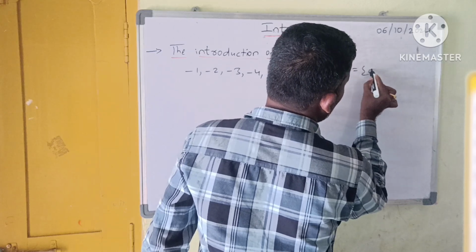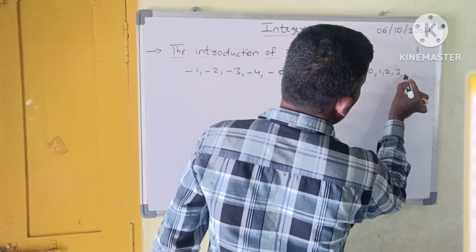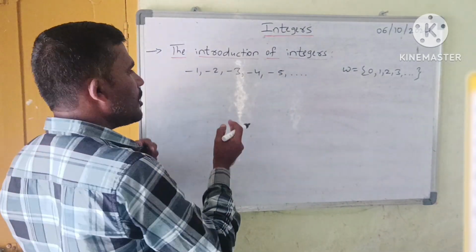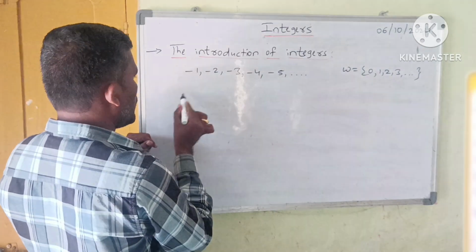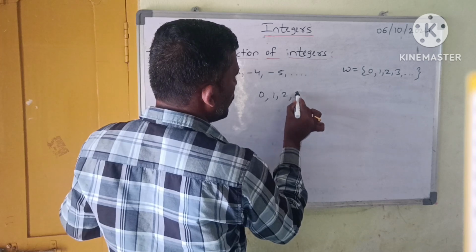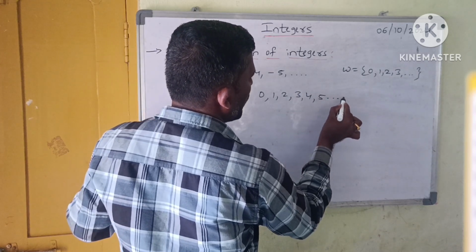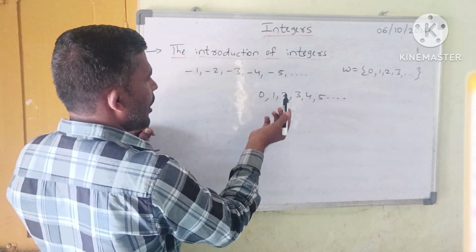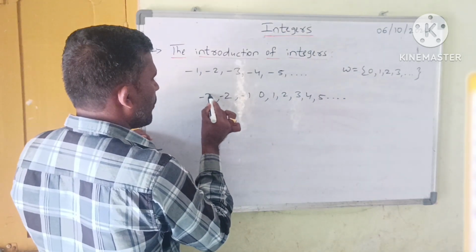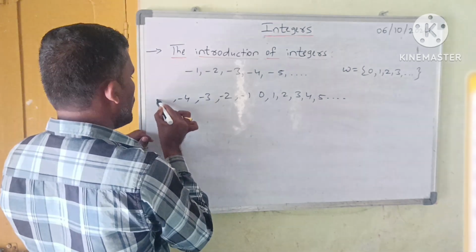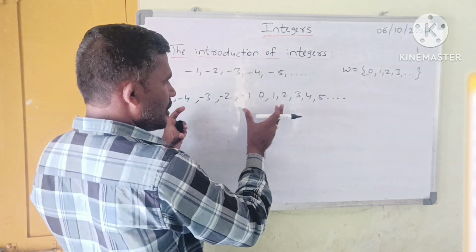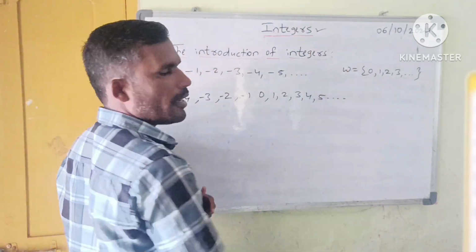Whole numbers start from 0, 1, 2, 3 and so on. Combining these, we have the whole numbers 0, 1, 2, 3, 4, 5 and so on, and the negative numbers, which I am taking on the left side of 0: -1, -2, -3, -4, -5 and so on. And the collection of these numbers is called the integers.